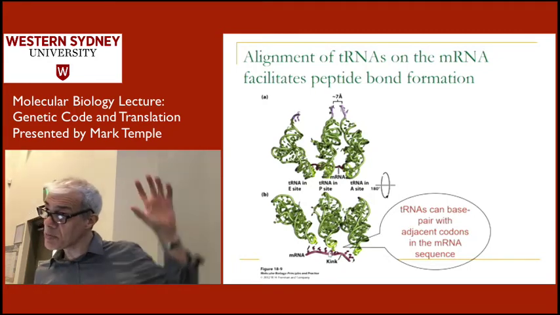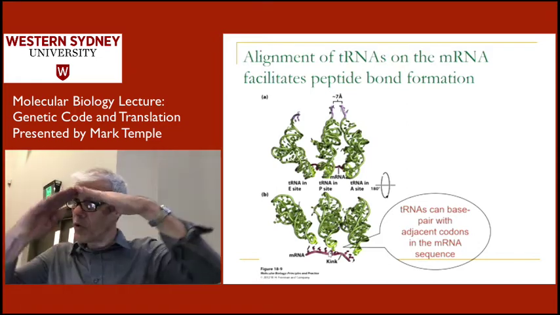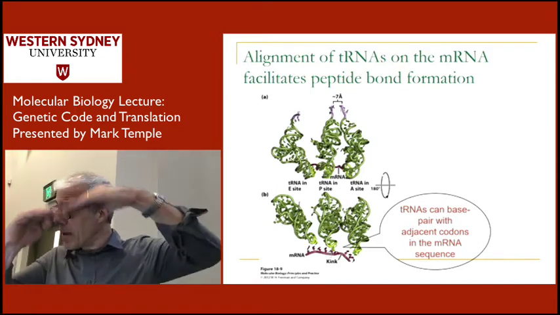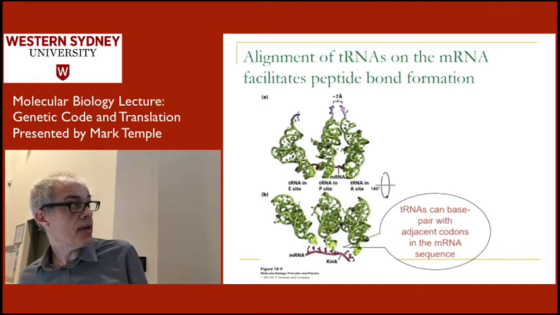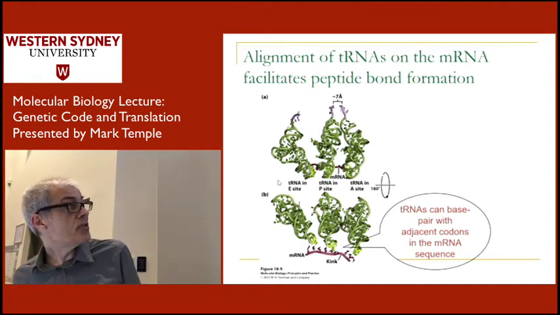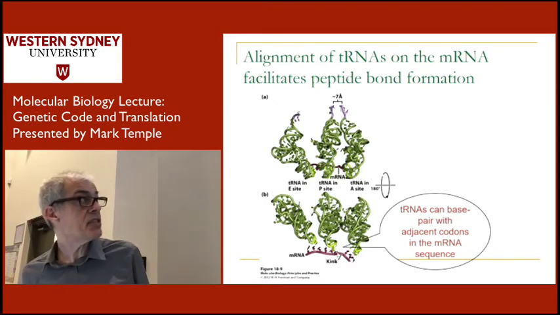Okay? So as the ribosome slides along the messenger RNA, it forms a local structure of that messenger RNA. It bends it to form this kink. Okay? And then this is the position of the transfer RNAs, showing the codon-anticodon base pairing here. So here's the base pairing between the transfer RNA and the bases of the messenger RNA.